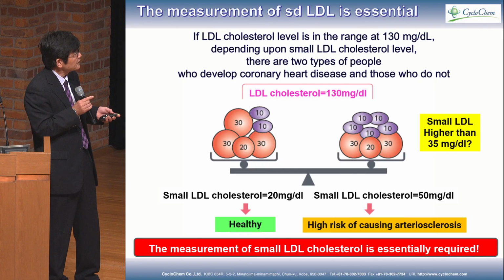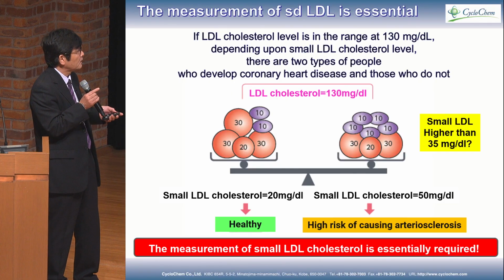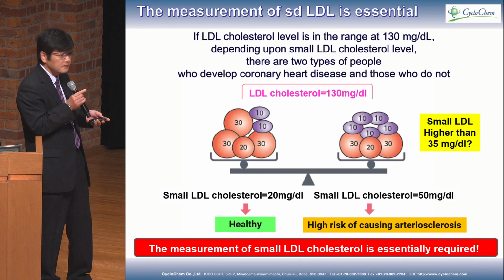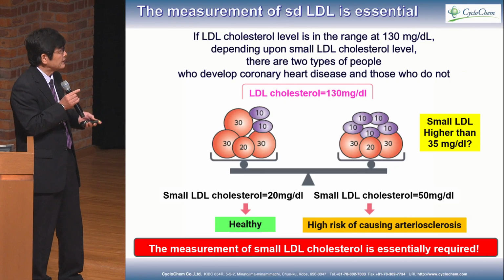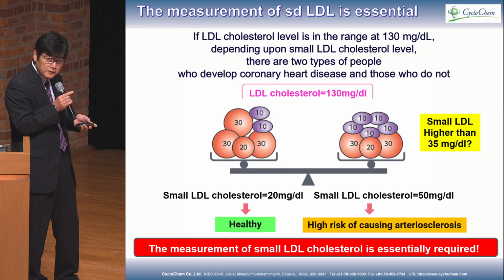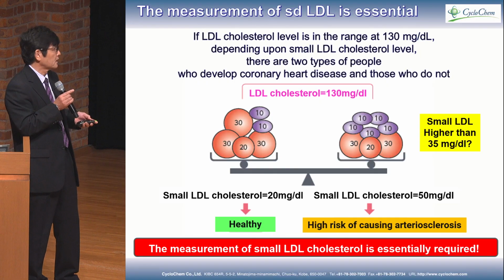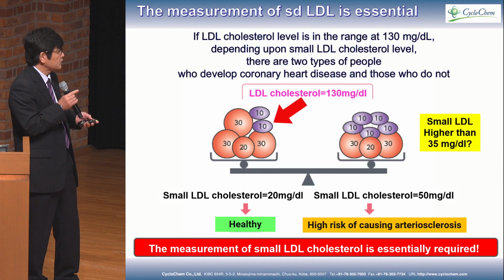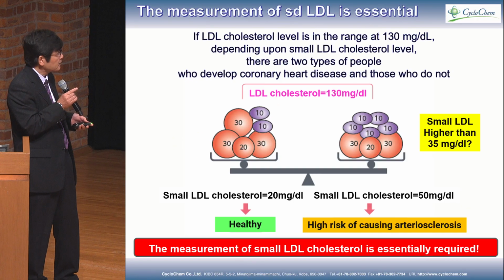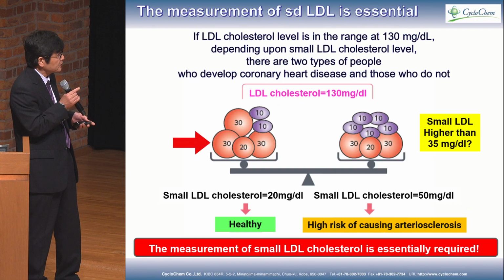Depending upon the small dense LDL cholesterol level, there are two types of people: those who develop coronary disease and those who do not. In the case of 130 milligrams per deciliter, if small dense LDL is 20 milligrams per deciliter, that means 110 milligrams is large dense LDL.